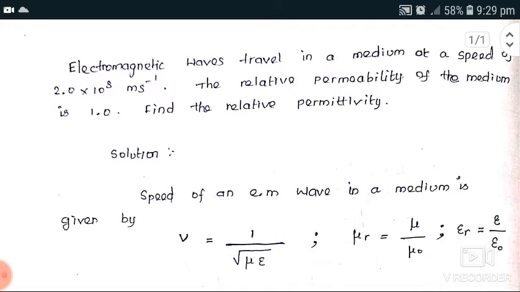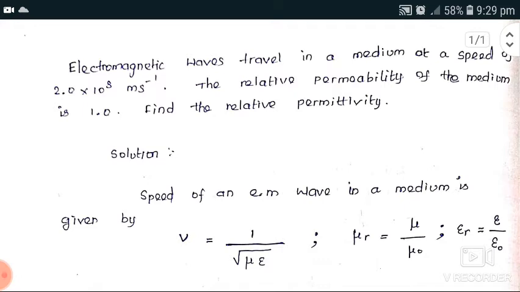Electromagnetic waves travel in a medium at a speed of 2 × 10^8 meters per second. First, they have given the speed of electromagnetic waves. The main thing is that the electromagnetic wave is traveling in a medium. Medium means it travels from one place to another.